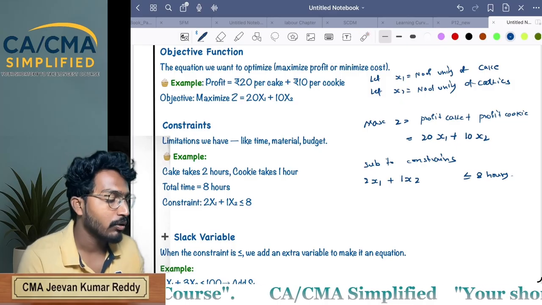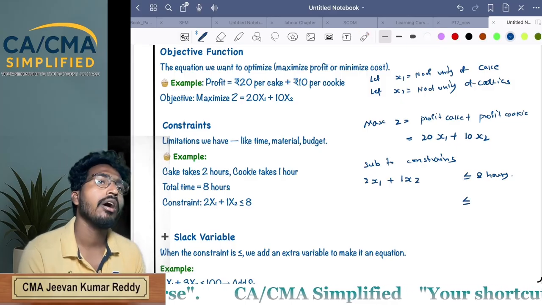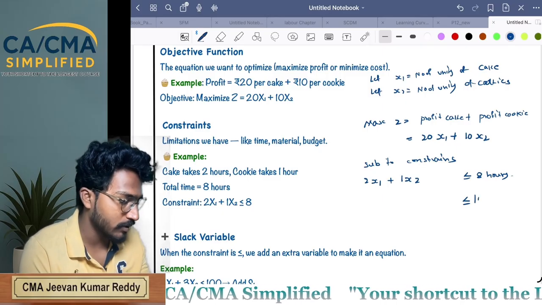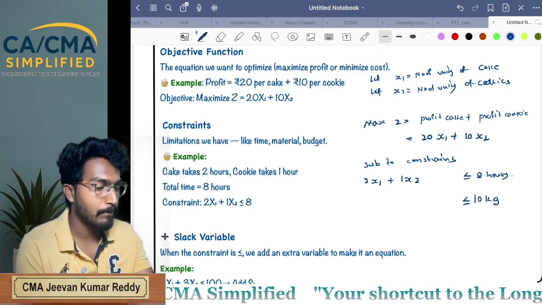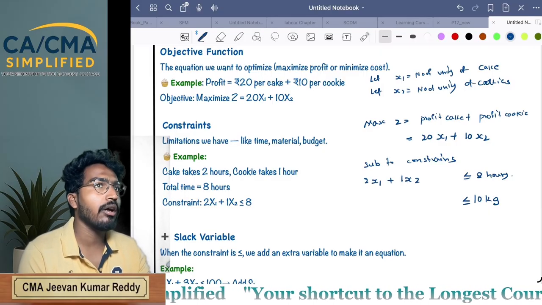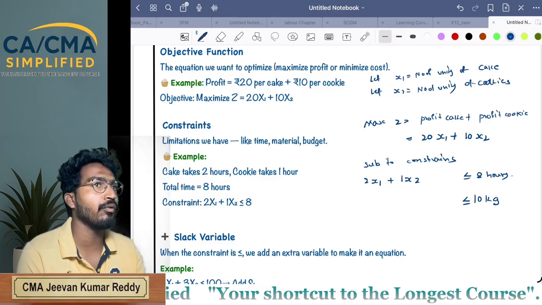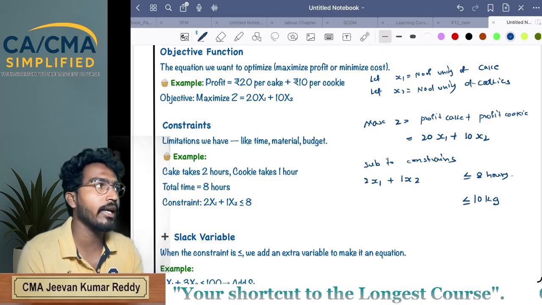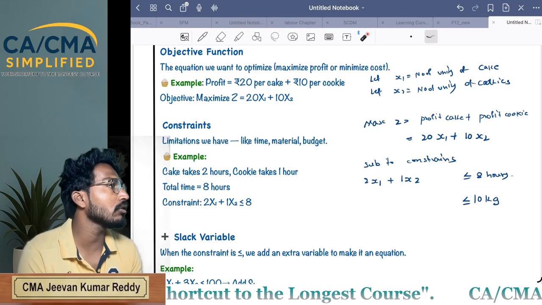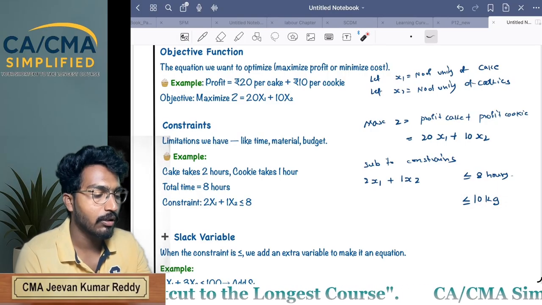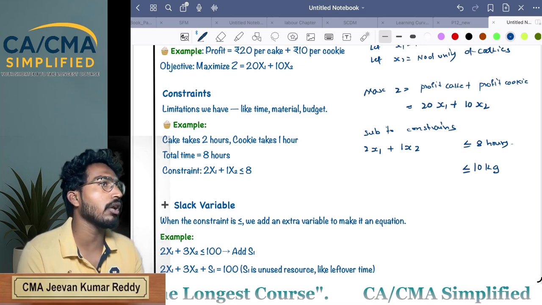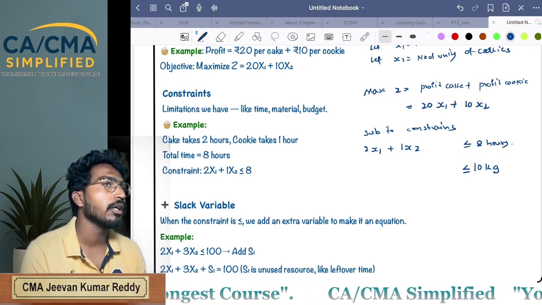Next, total. How many kgs of flour do we have? 10 kgs. So you can use any amount of flour you want for baking cake and cookies, but it must be less than or equal to 10 kgs. Now, how to get the total amount of flour used for baking?